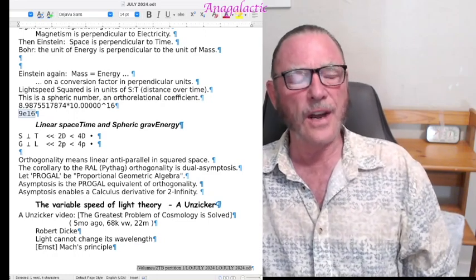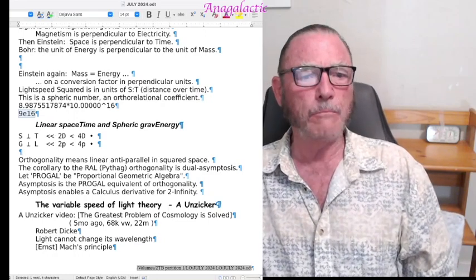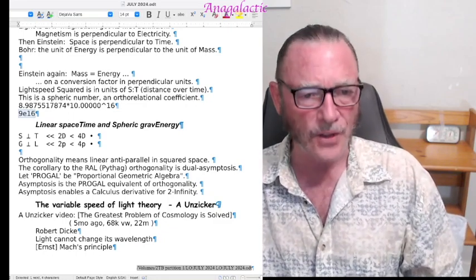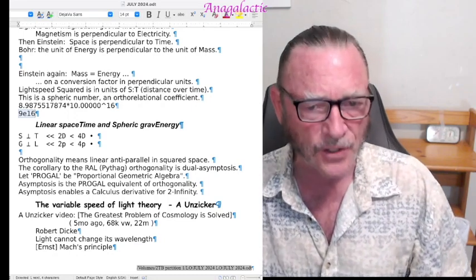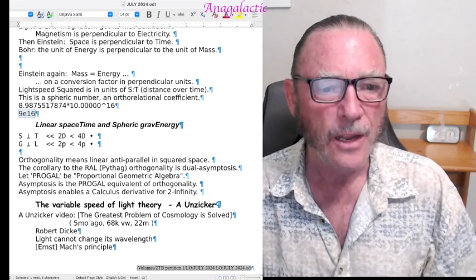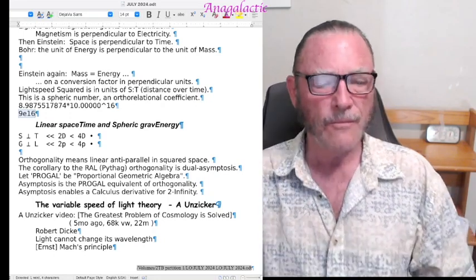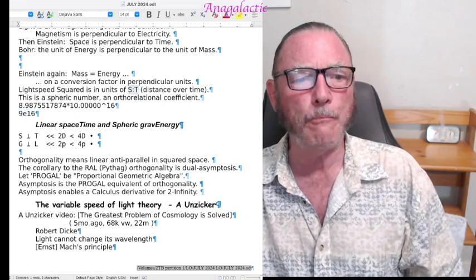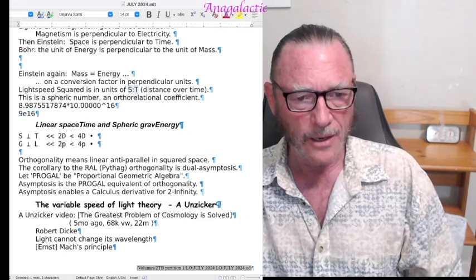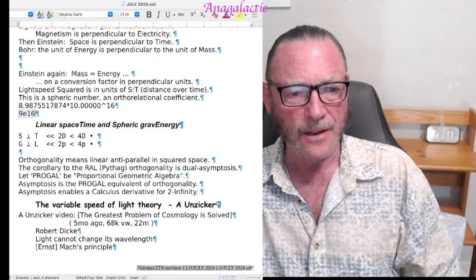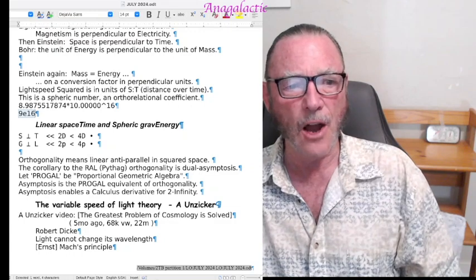It is 90 million billion space-time units. Space is perpendicular to time in this number.